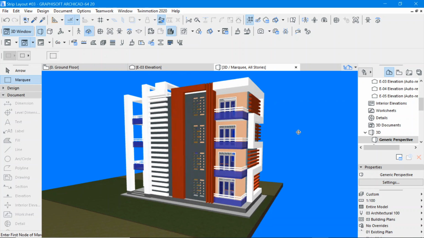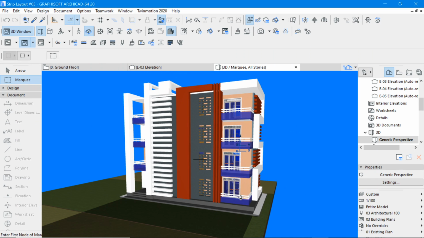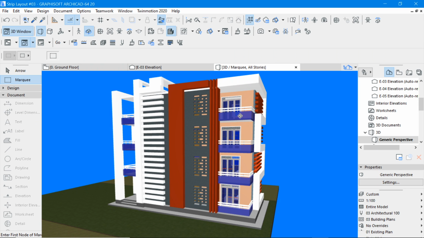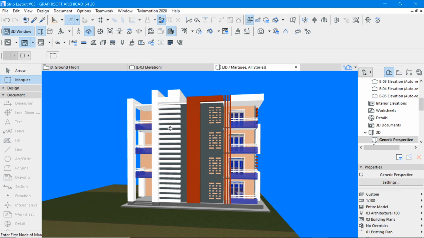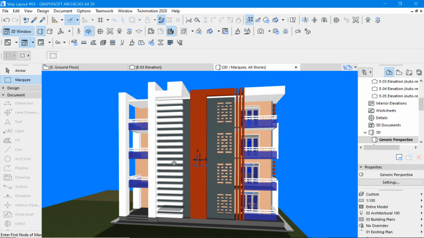As we come to this side, these are the balconies in the master bedroom, and this is the laundry section. But also here at this point, this is where we have our staircase.